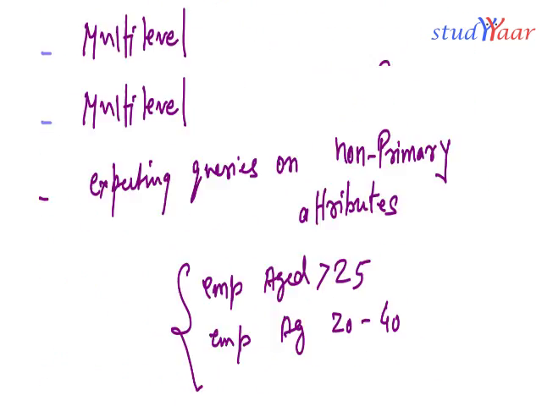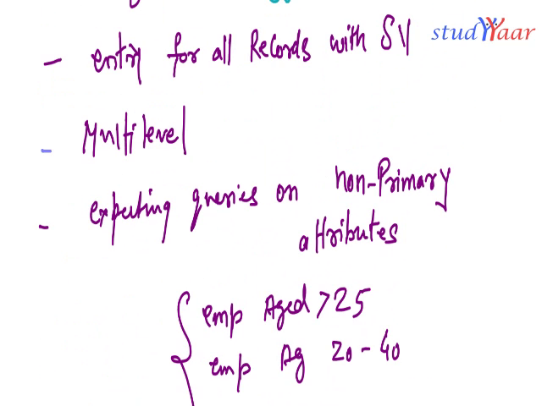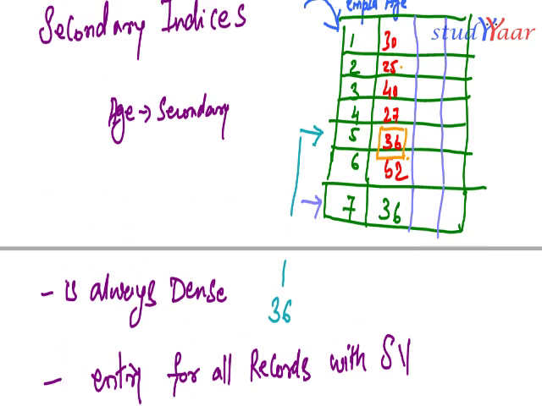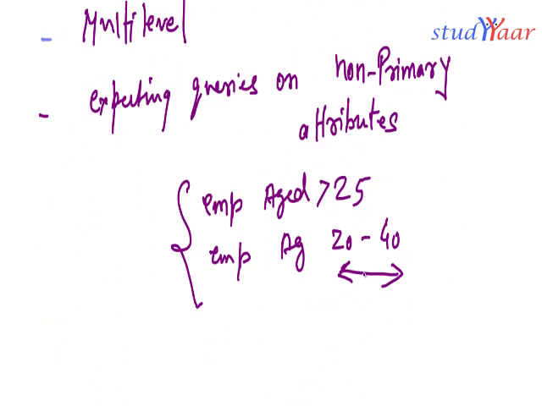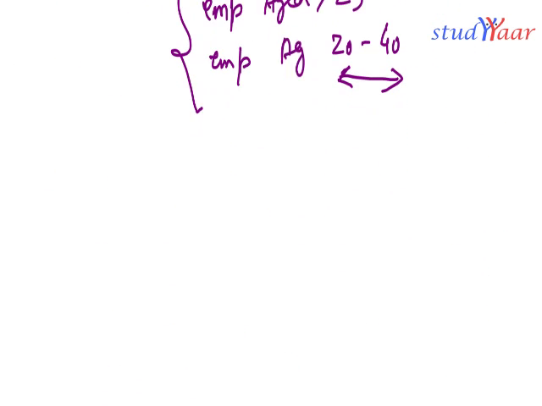Otherwise I would have to look at every record in the file to find the persons aged between 20 to 40. If I have a secondary index, I would simply go through the index and see only the index entries from 20 to 40.